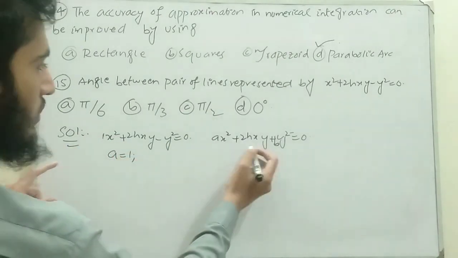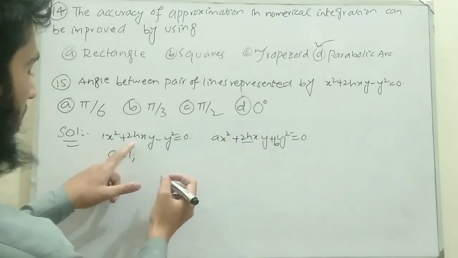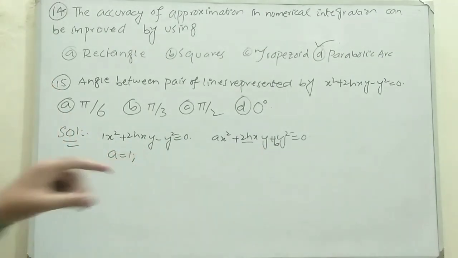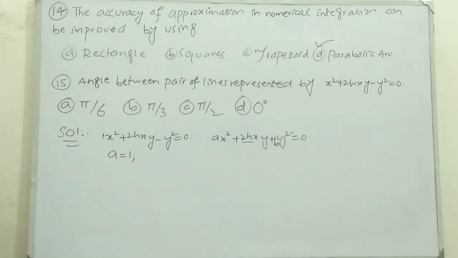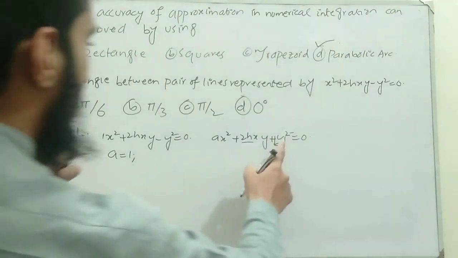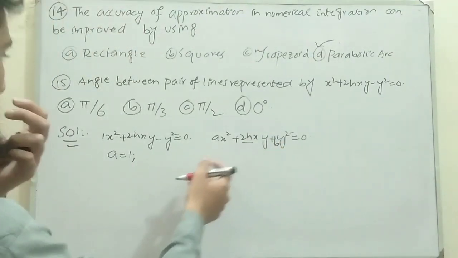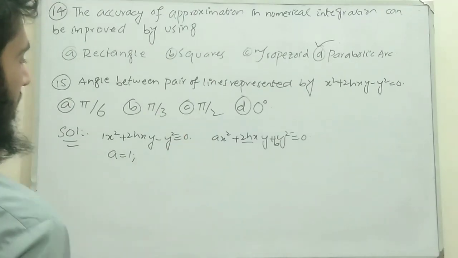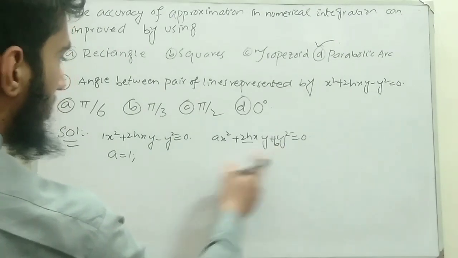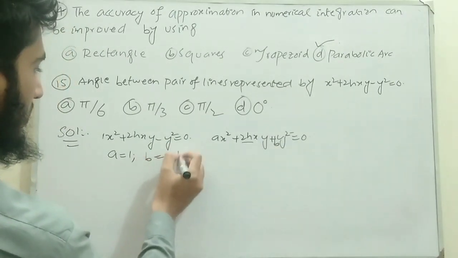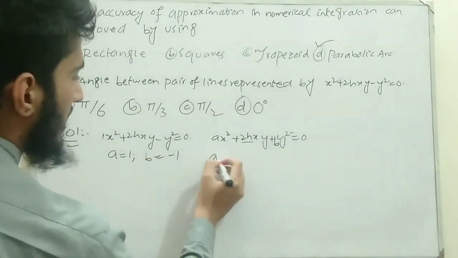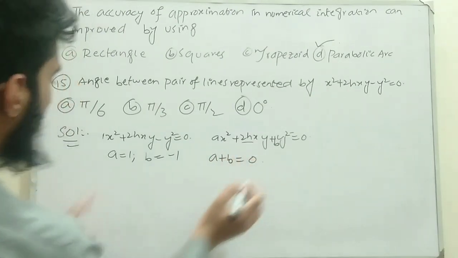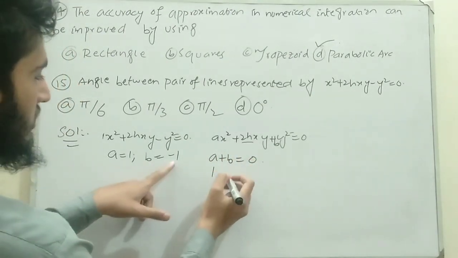After this, the value of 2h is here 2h, in x square plus 2hxy minus y square, so the value of h will be equal to 1. After this, the value of b is equal to negative 1. So remember, when a plus b is equal to 0, here the value of a is 1 and the value of b is equal to negative 1.